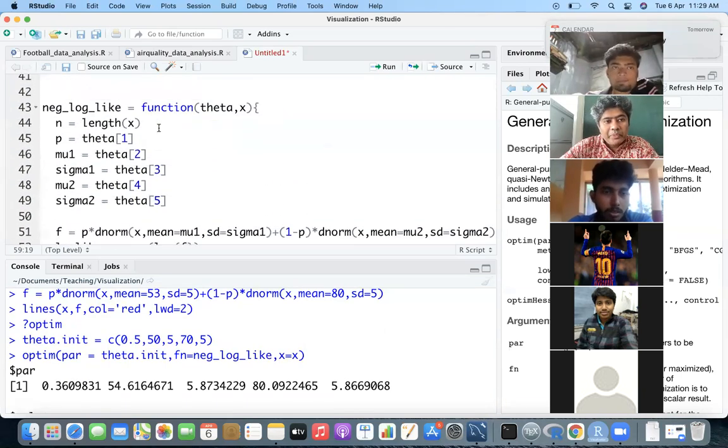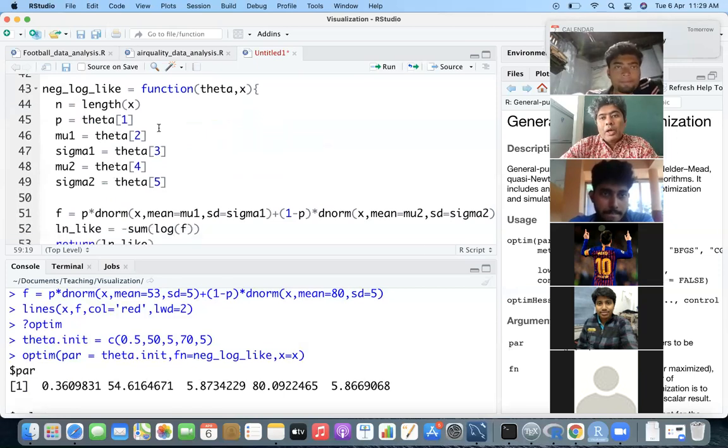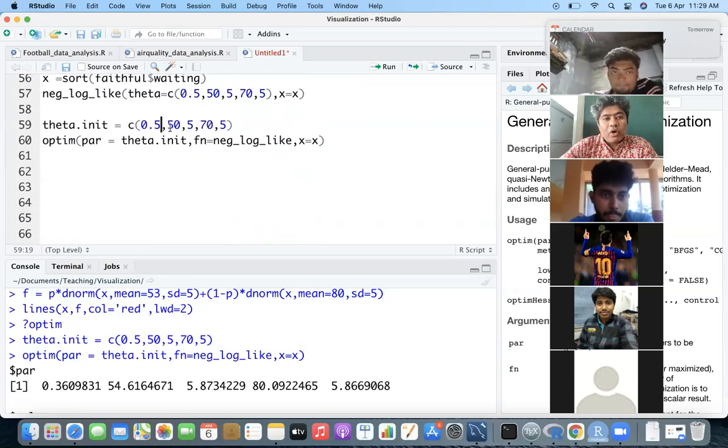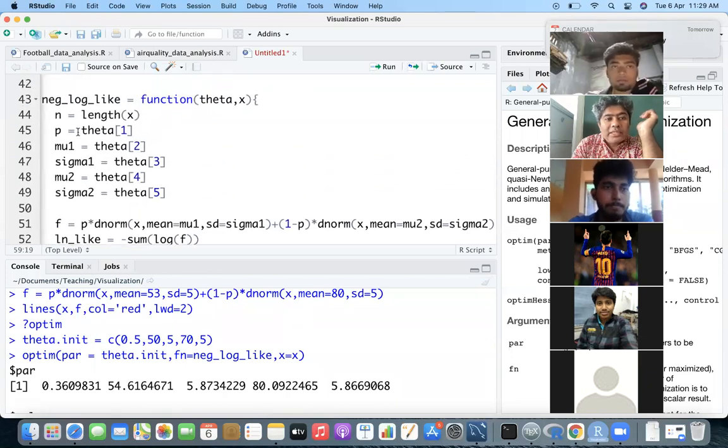Where is the problem? The problem is that optim by default assumes all the parameters have a range of support between -infinity and infinity, the real line. Whereas P has a support of 0 to 1. Sigma 1 has a support of the positive real line, 0 to infinity.